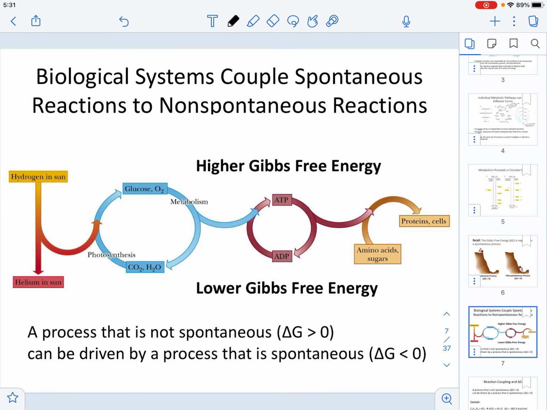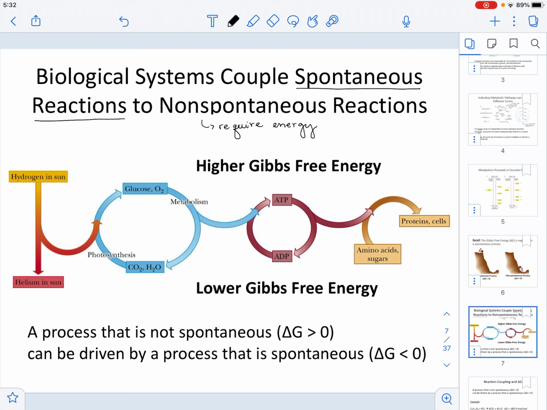Now, in biological systems, we see that spontaneous reactions are coupled with non-spontaneous reactions. What does this mean? When we have these two types of reaction coupled with each other, because non-spontaneous reactions require energy input, the energy that is required by the non-spontaneous reaction to happen actually comes from the energy that is released by a spontaneous reaction.